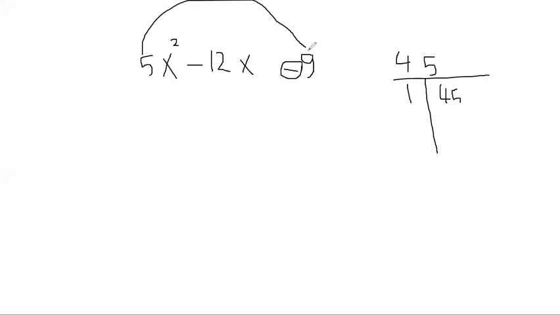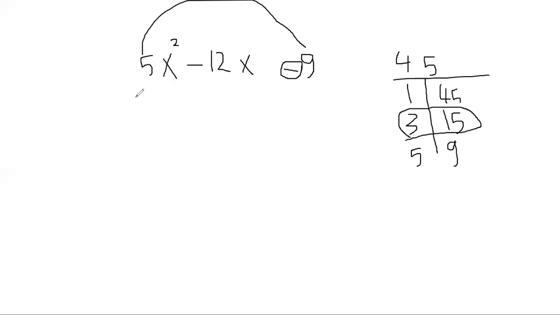The difference between them is not 12. Next, we have 3 by 15. If you subtract them, it will be 12. So you can stop here. If you want to complete, you also have 5 by 9, but the difference between them is not 12. So we're going to choose the pair 3 and 15.